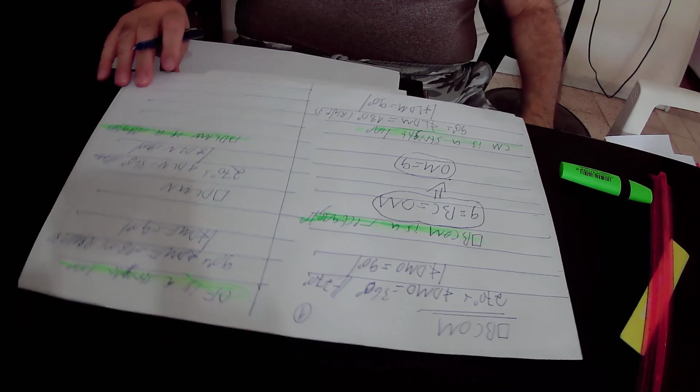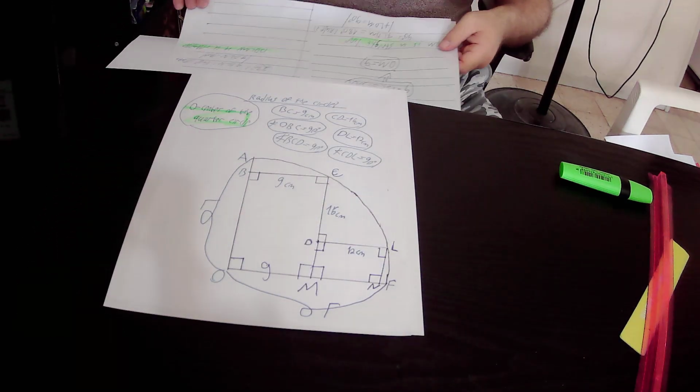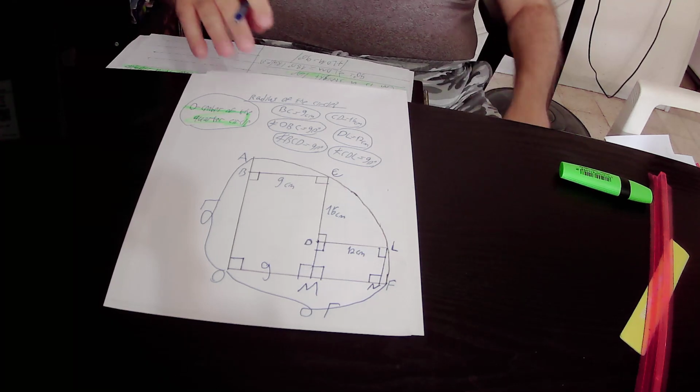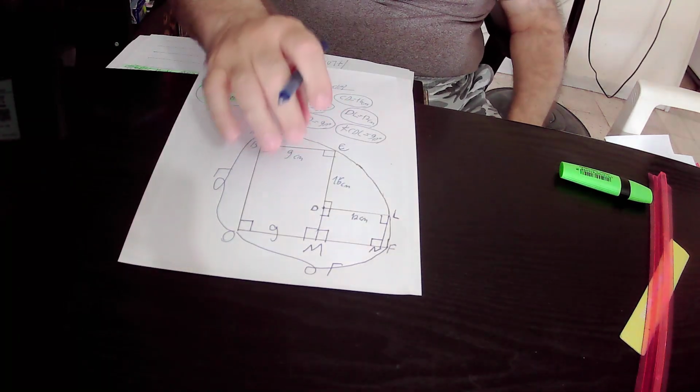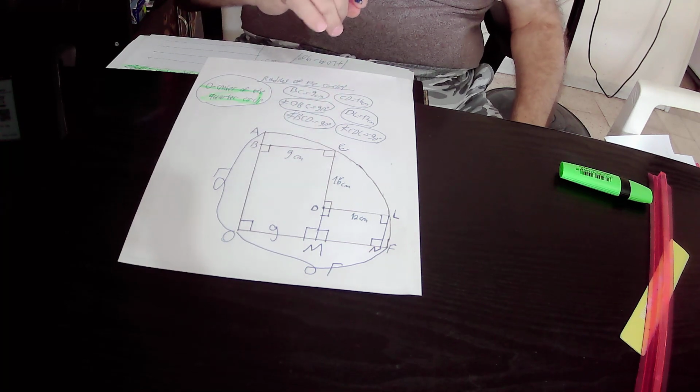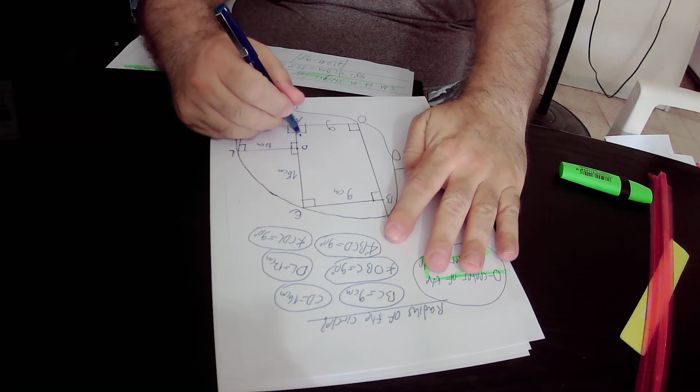And we know that the opposite sides of a rectangle are equal to each other. Here we'll define side DM of quadrilateral DLMN as h. Side DM equals h according to our definition.